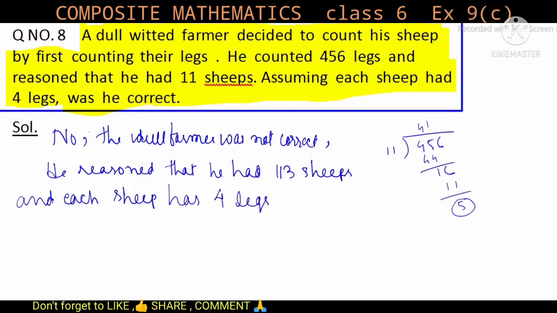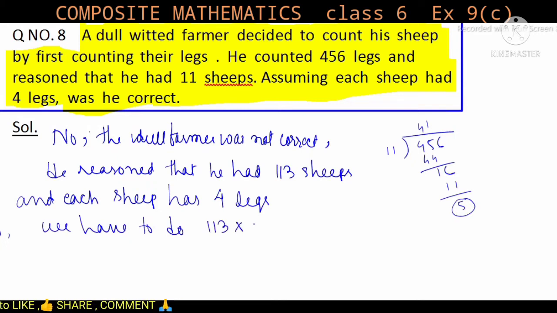So we have to do 113 into 4, which is equal to 452.